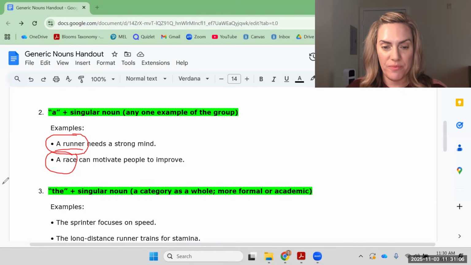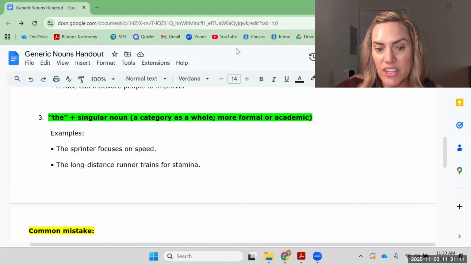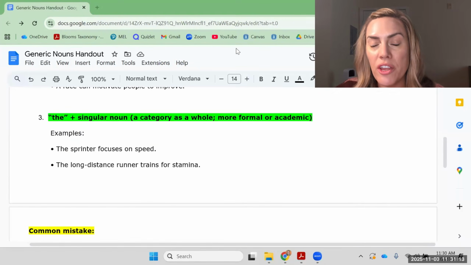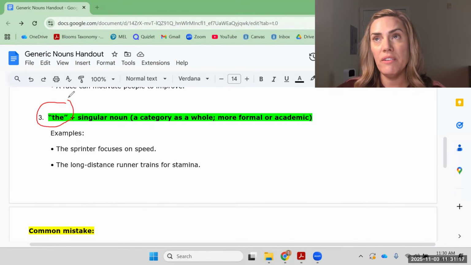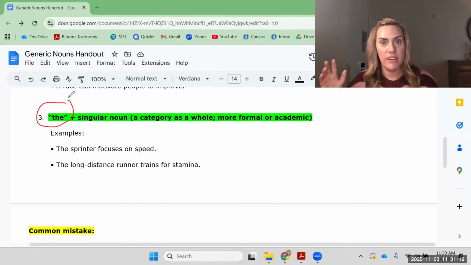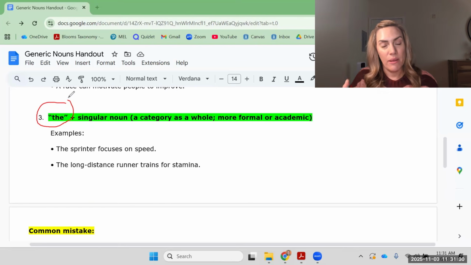So in general, okay? Another way you could make a generic noun in English is by adding the word the. Now, the cool thing about the word the is that you can use the before countable nouns and non-count nouns. However, in this case, if you want it to be generic, you can only use it with a singular noun, and if it's singular, that means it's countable.